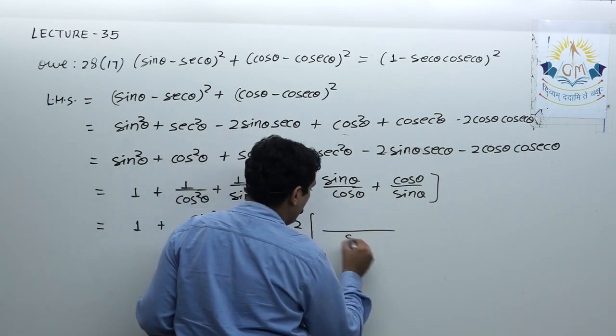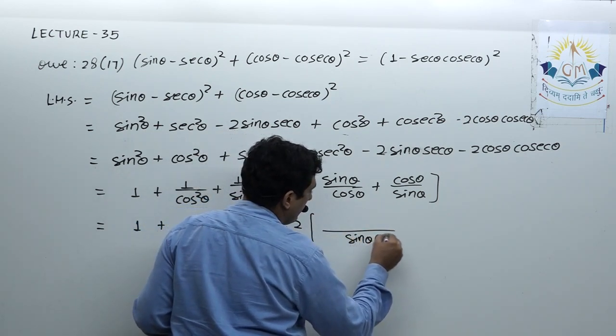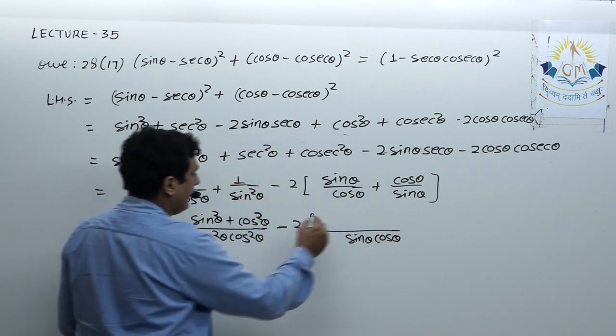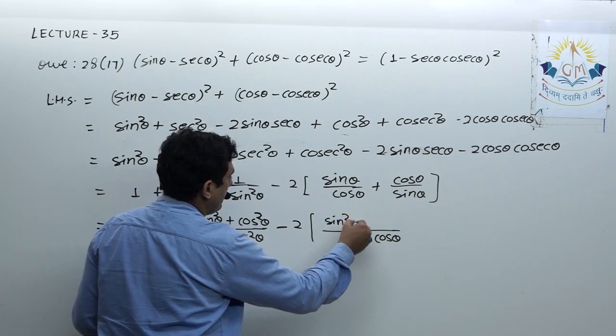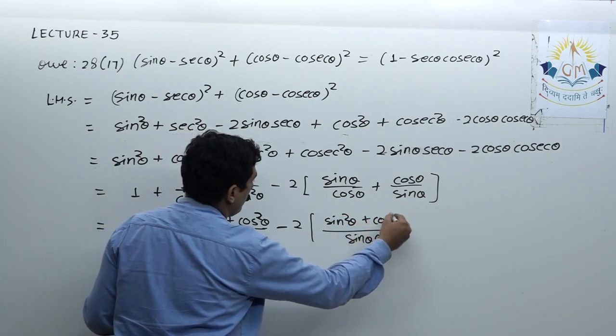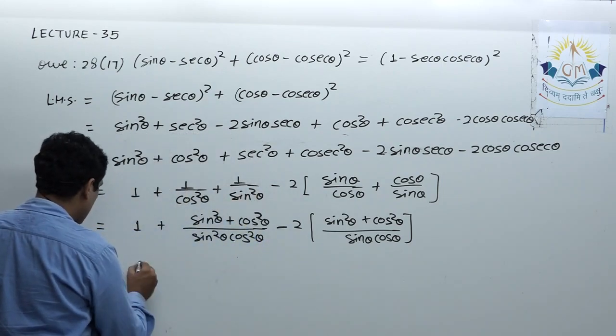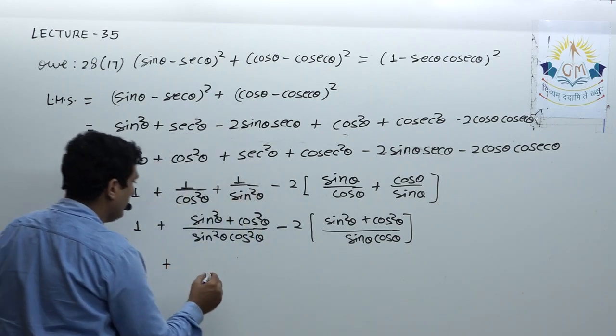Here again I will get sin square theta plus cos square theta. Okay, this is almost done. We are almost at the end of the solution.